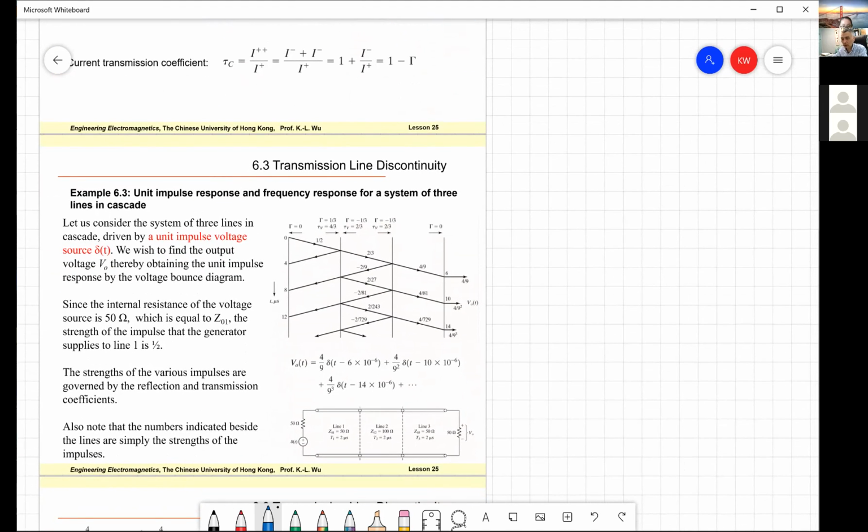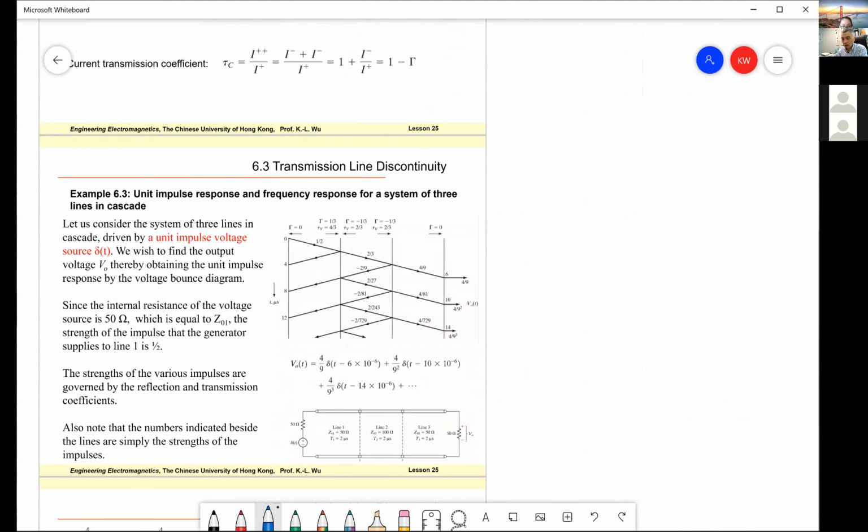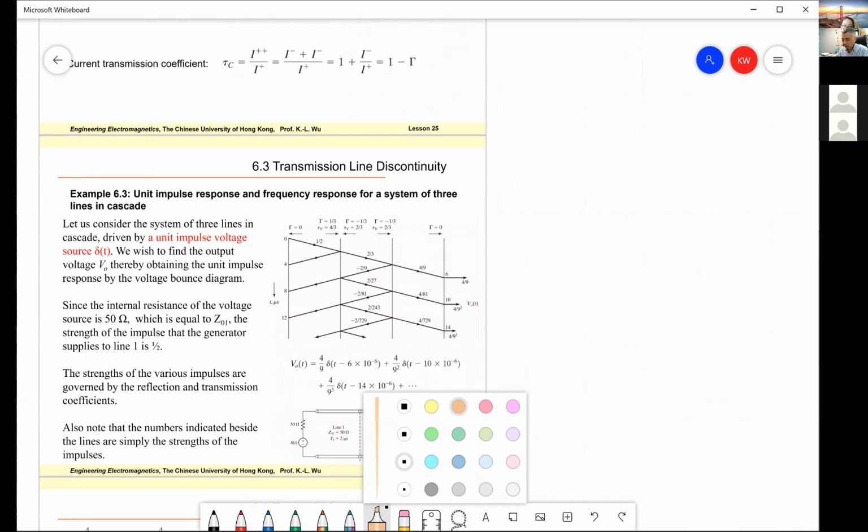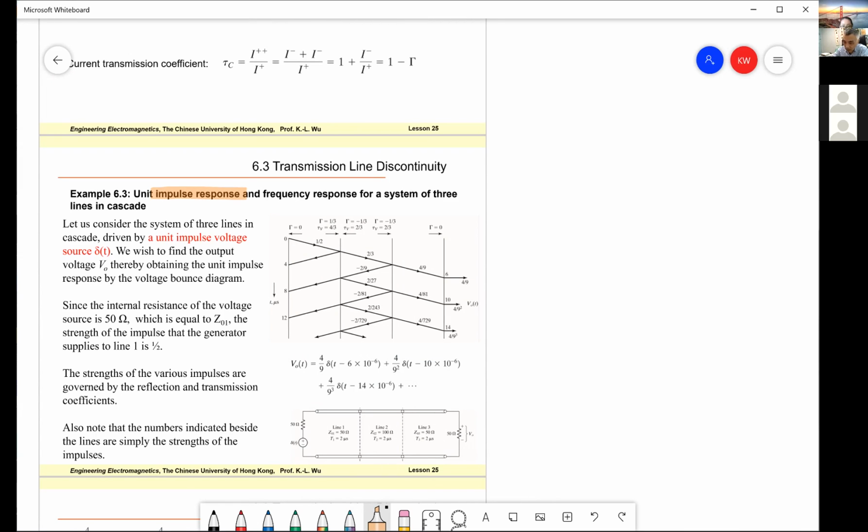So now let's look at another interesting, more complex scenario. First, let's look at the impulse response, both in the time domain and in the frequency response. What is an impulse?